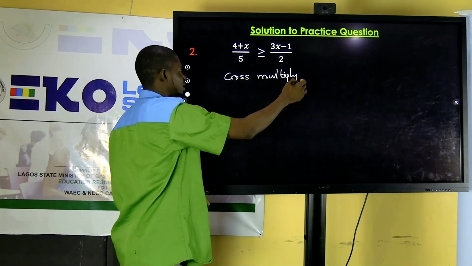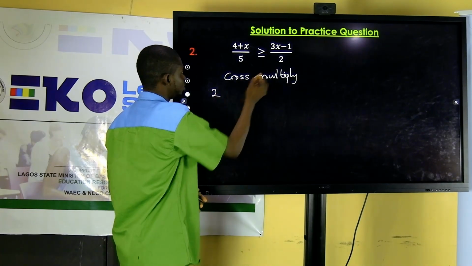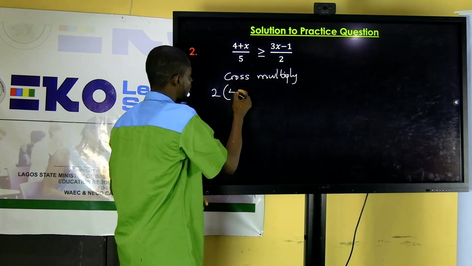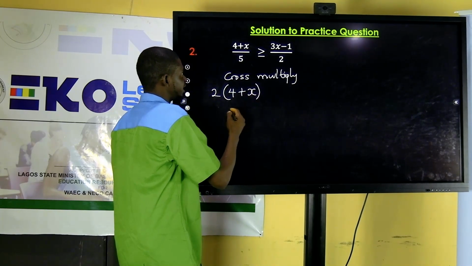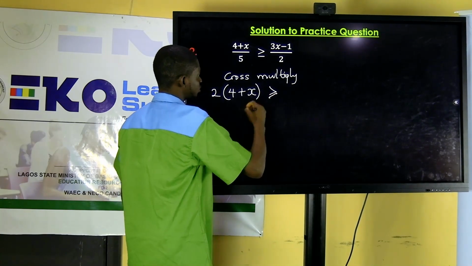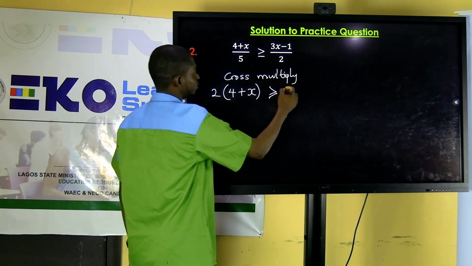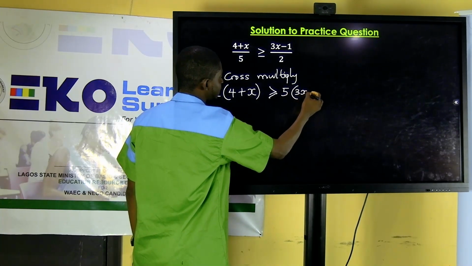I'll multiply, crossing it, it becomes 2 multiplied by 4 plus x. Then I will say this is greater than or equals to 5 times 3x minus 1.